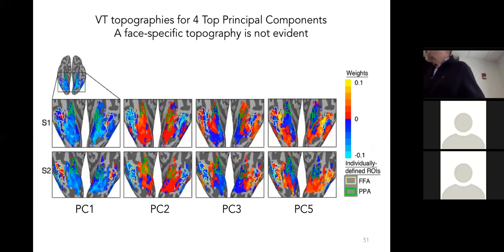And you can see that none of these really picks out the FFA in its entirety. PC1, curiously, picks out little tiny pieces of the FFA, not the whole thing. And then the FFA really is just not identifiable in these other ones that are accounting for a lot of variance. So you have to multiplex the basis functions to recreate these topographies.